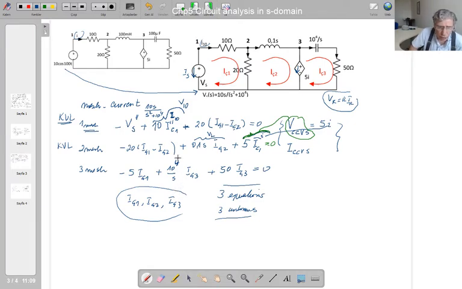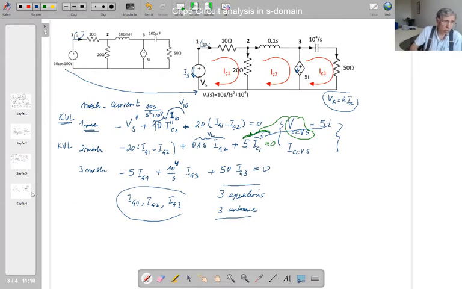Why is that? If you look at this now, only IC1 and IC2 are included here. So you can find IC1 in terms of IC2, replace it in here, you can find IC2, then IC1. Then if you know IC1, you can calculate IC3 by using this last equation.